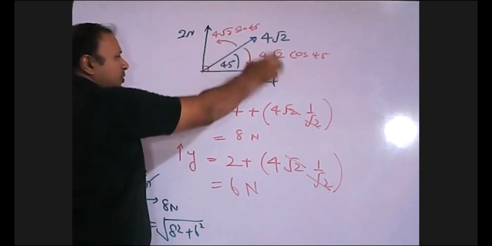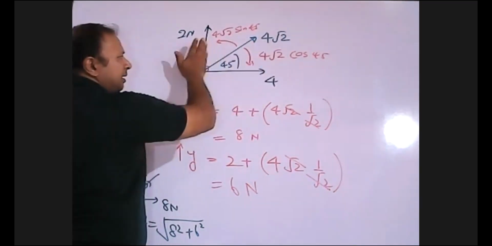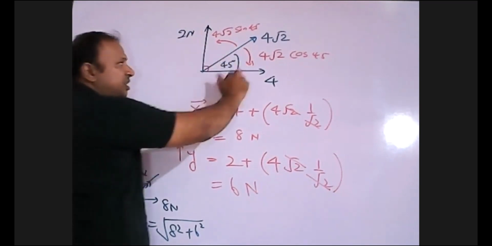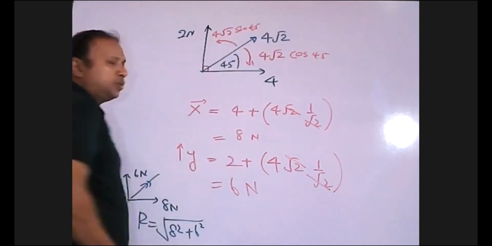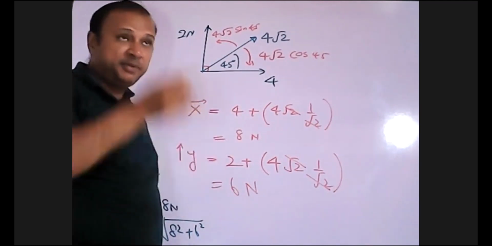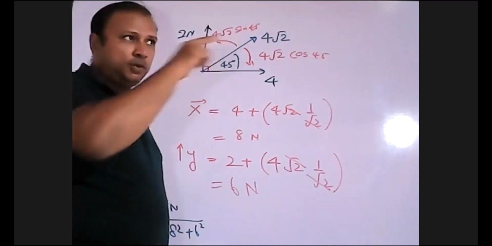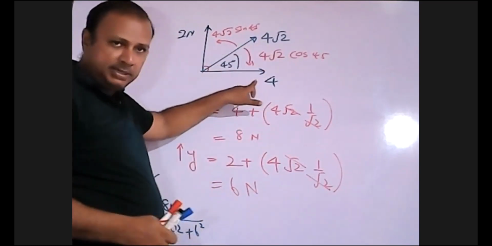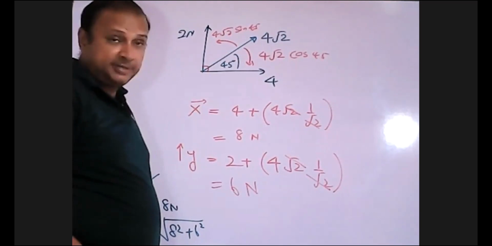Look at this. The component in this direction is 4 times root 2 into sine or cos 45, that means 1 over root 2. Therefore, root 2 will be cancelled out. The answer is 4. Therefore, 4 plus 4 is 8.